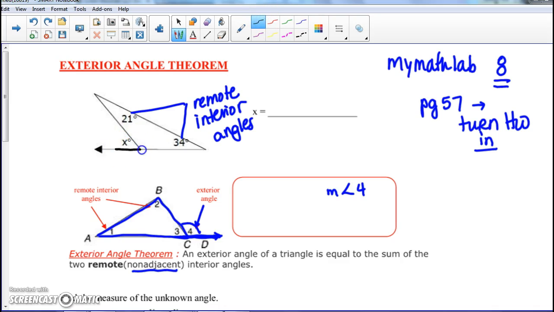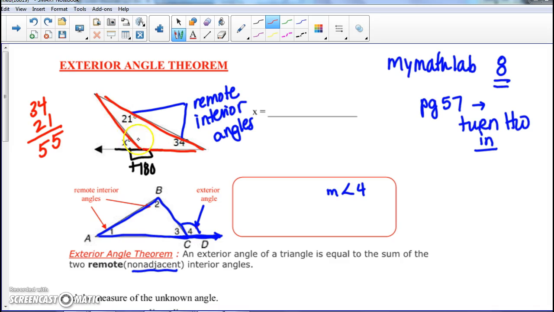So first off, this is a straight line, so these two have to add up to 180. Well, we have a triangle here too, and because we have a triangle, we know that in a triangle, the angles add to 180 also. So if we take 34 and 21, feel free to use a calculator, that's 55.